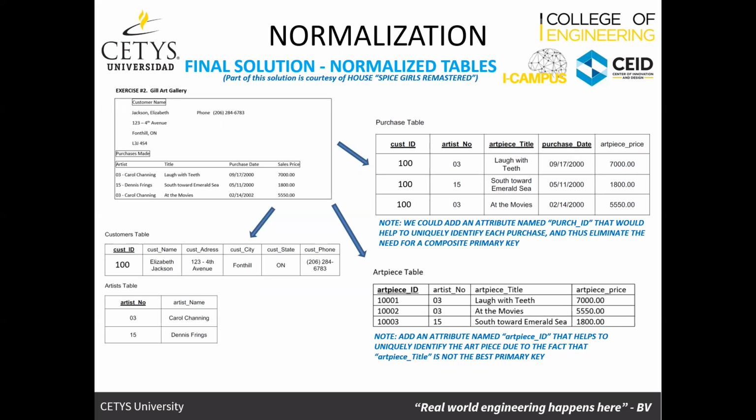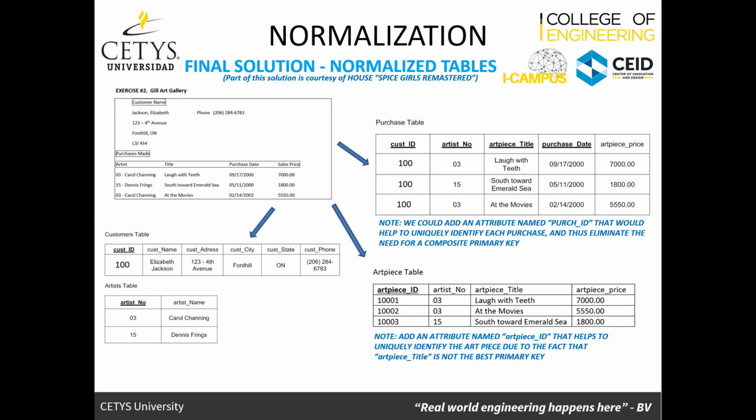Then we have an artist table, and here the value is not atomic because they're together. So we separate the artist's name and the artist's number. Then we have an art pieces table, where we're also adding an art piece ID. So each art piece is identified by a specific number that relates to the artist, the title, and the cost.